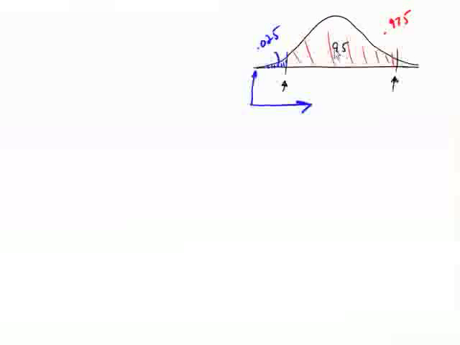That's my 0.95 plus my 0.025. And of course, all the way over to the right, technically you go to infinity, you have 1, all of the probabilities.